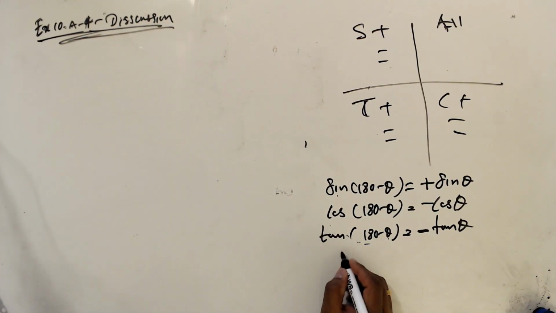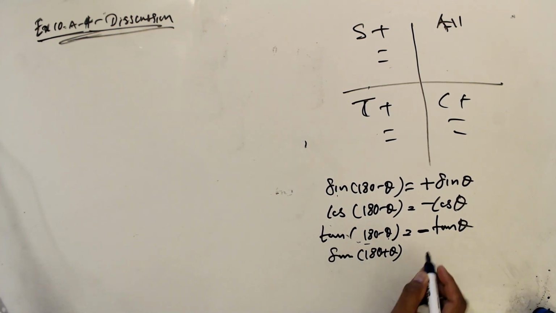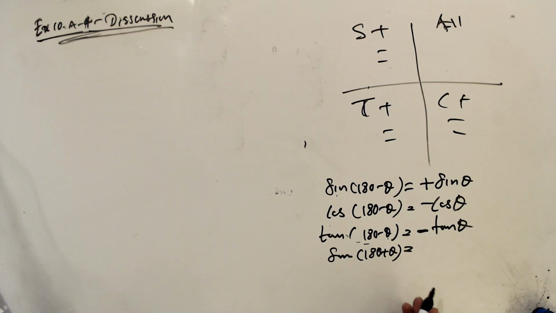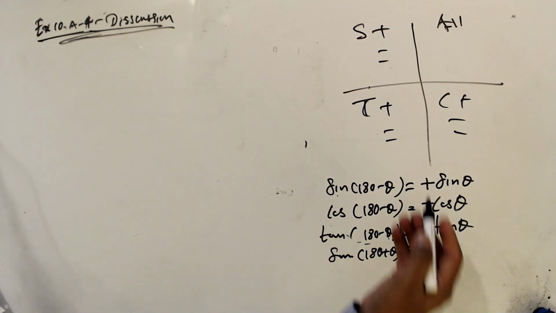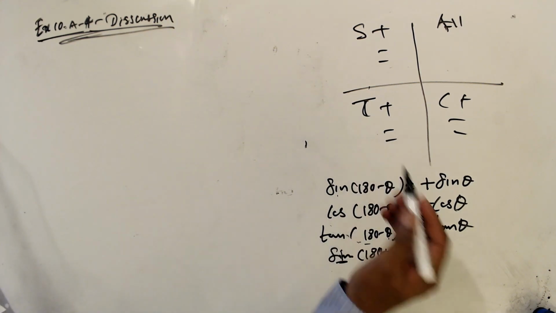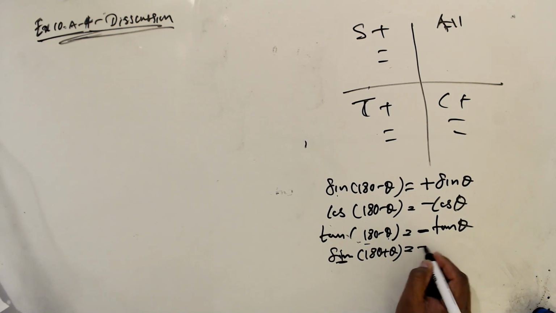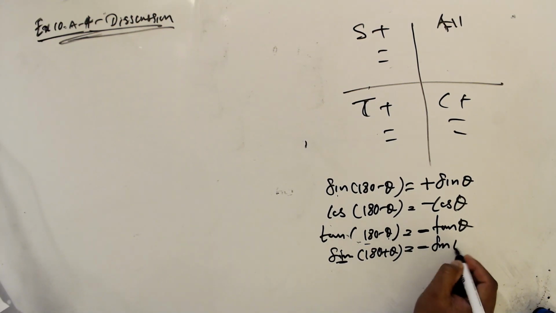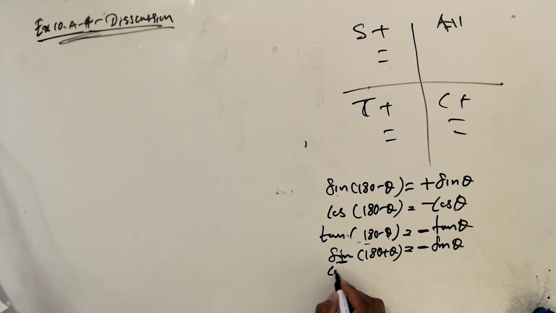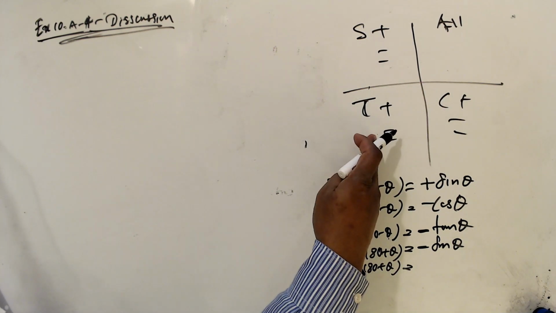Now we write sine 180 plus theta. How do we write it now? 180 plus theta is in the third quadrant. In that quadrant, sine ratio is negative. Only tan is positive. So, negative sine theta. Cos 180 plus theta. 180 plus theta is in the third quadrant.